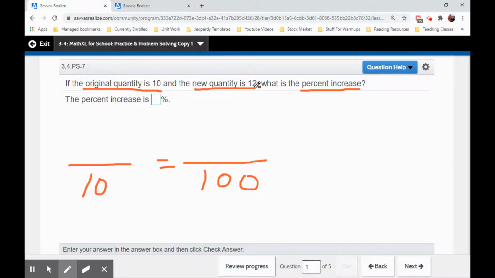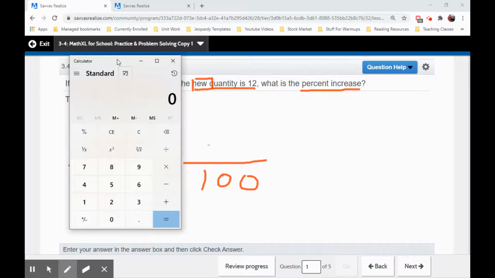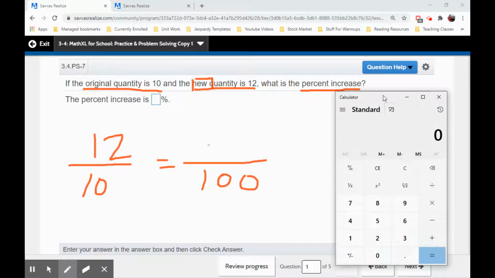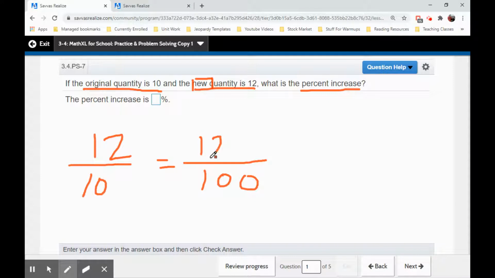Our new quantity is 12, that's the new value. So we cross multiply and divide: 12 times 100 divided by 10, and that gives us 120%.